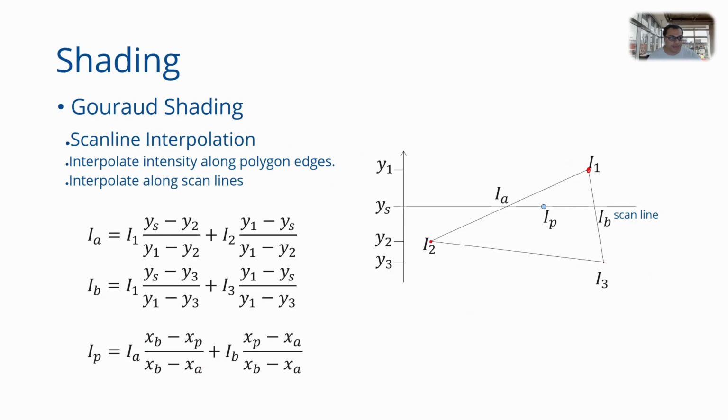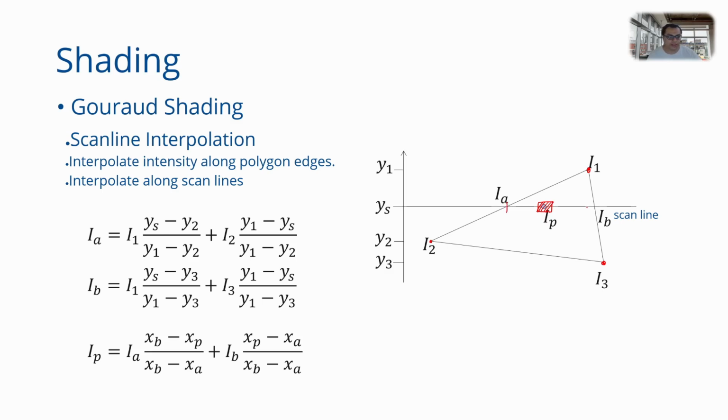So say you have computed I1, I2 and I3, and now you can interpolate this color to any pixel that is generated as a result of rasterizing this triangle. Say your primitive is a triangle. So when you rasterize this primitive, if you want to figure out the color at any pixel, then all you need to do is scanline interpolation.